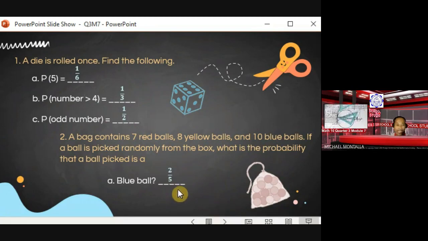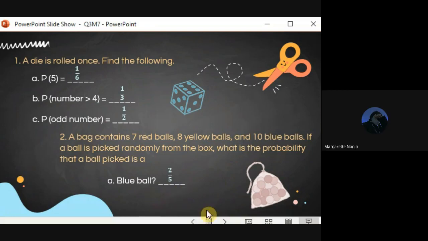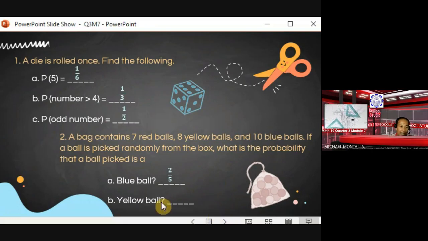Di ba? Did you get the probability of the getting blue ball? Opo. Okay, very good. Let's have another color. Yellow ball. What is your answer, Julian, for yellow? Go on. You can do it.